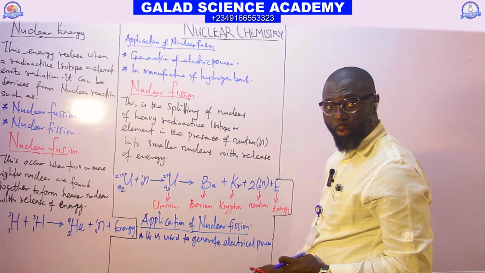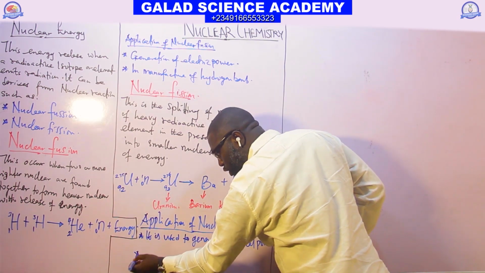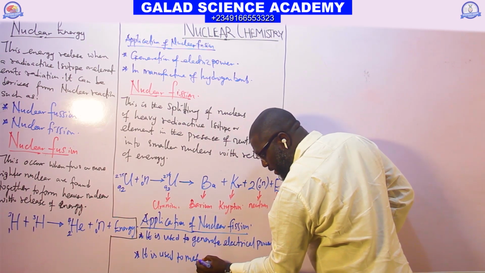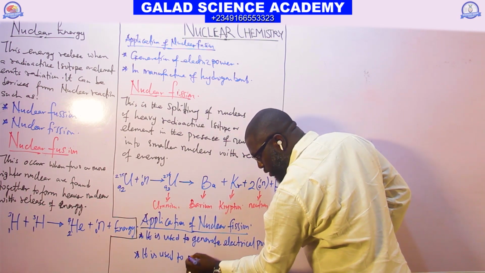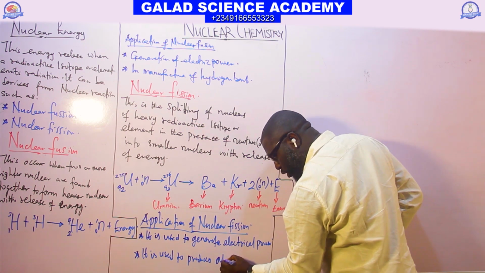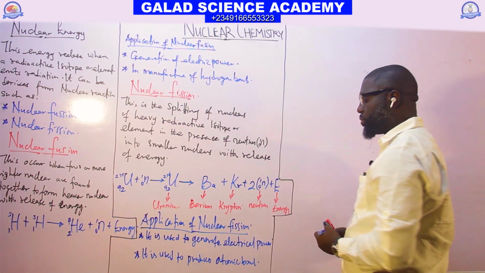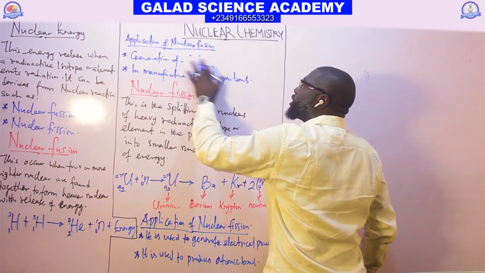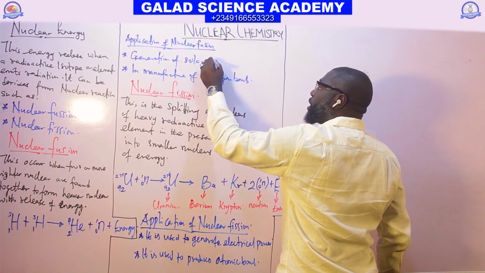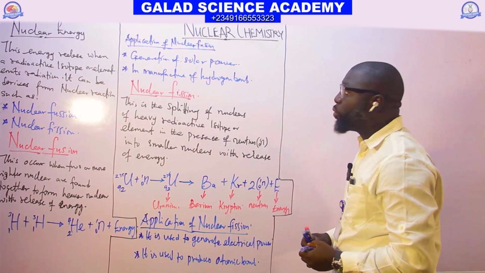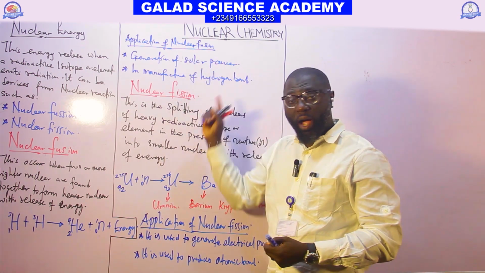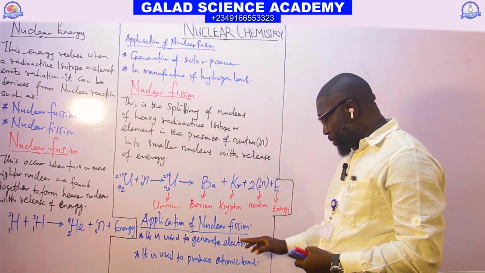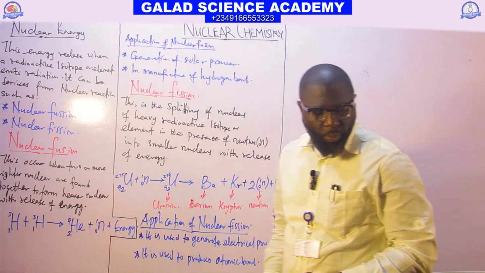We can also use it to produce atomic bombs. Nuclear fusion is not for electric power; it generates solar power, whereas nuclear fission can generate electrical power and is also used to produce atomic bombs.